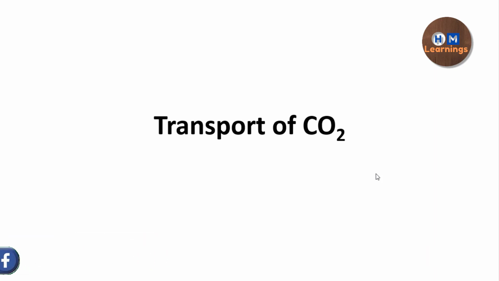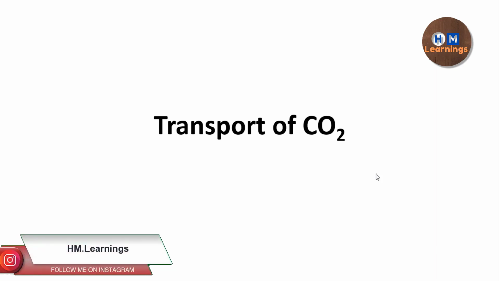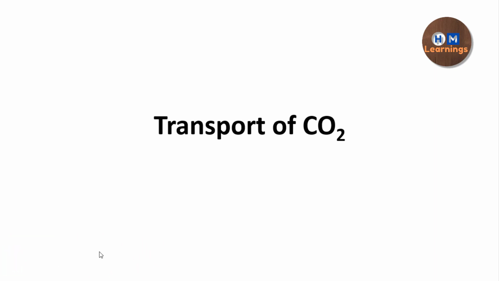And today we are back with a video on the transport of carbon dioxide after a long time. In this part of the video, we are going to be more concerned with how the carbon dioxide is transported from the tissues to the lungs via the blood.